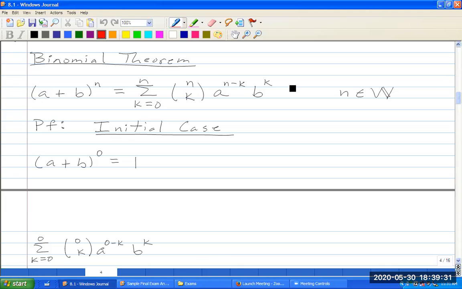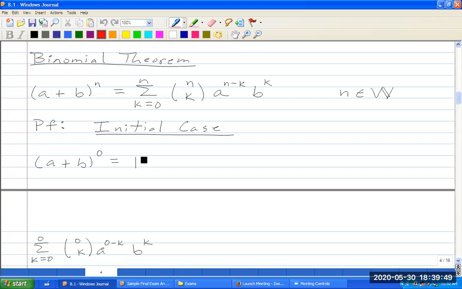So let's prove this by induction. Let's first do the initial case. If I let n equal 0, then a plus b to the 0 is 1.